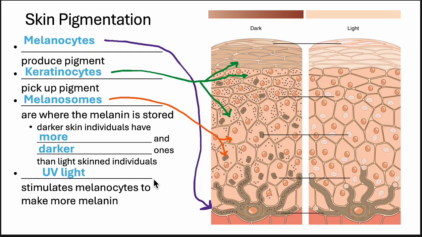While we do have a characteristic amount that our bodies naturally produce, there can be stimulation of the melanocytes to make more melanin by UV light. That is because the melanin functions in a way that helps to protect our skin from sunburns and UV light causing damage. So the melanin serves that protective purpose.